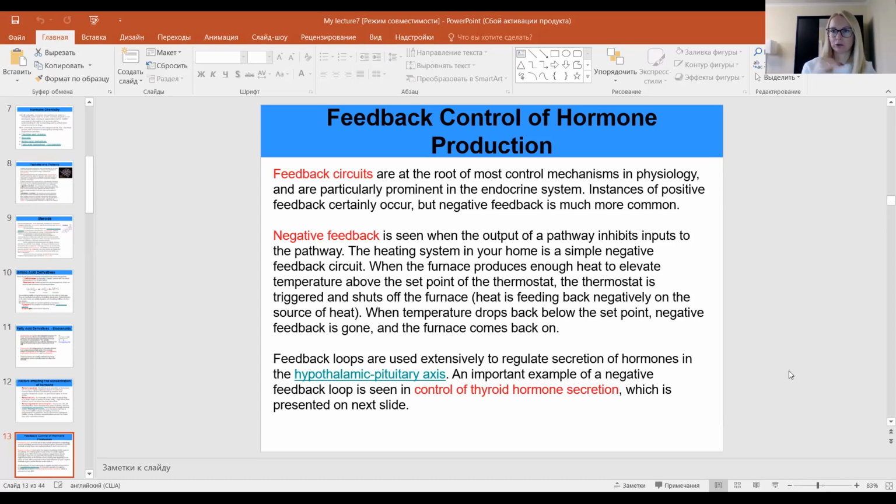In simple words, when one hormone level is low, the second one, which is the releasing hormone, is increased to bring the low level of the first hormone back to the basic level.